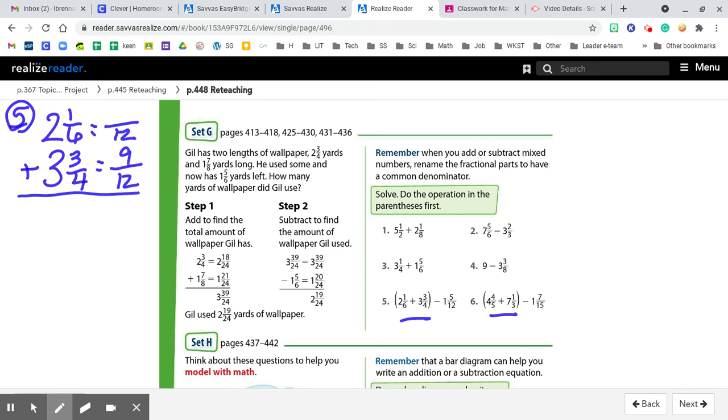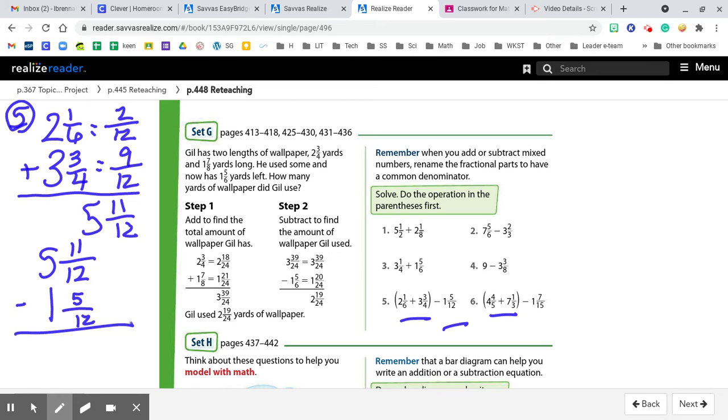And you will get to the point where you have those memorized. And now I'm going to take my total, which was the value inside the parentheses, and subtract out. My next value was 1 and 5/12. When I do my subtraction, I get 4 and 6/12, which can be renamed to 4 and 1/2.